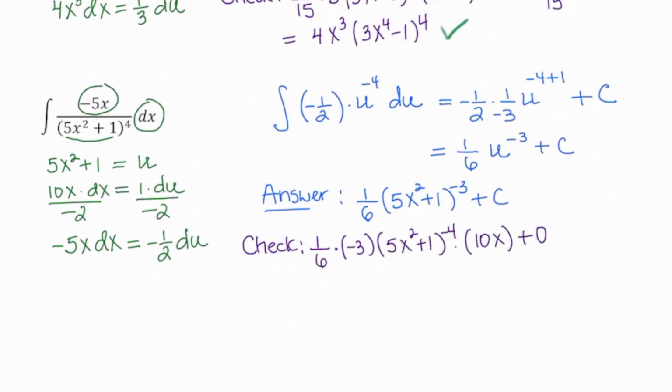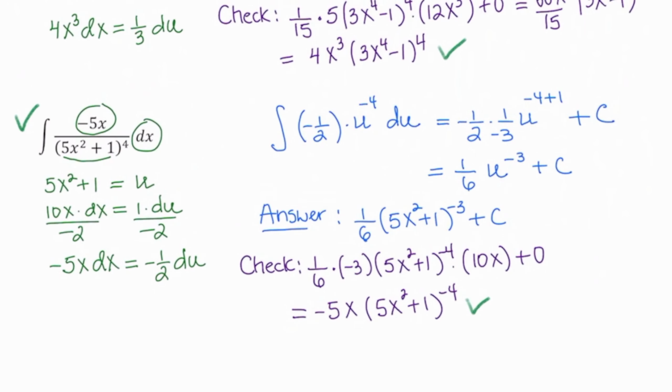Okay, so what do we get? Negative 3 over 6, that's negative 1/2. Negative 1/2 times 10x becomes negative 5x. Here we get 5x squared plus 1 raised to the negative 4th power. That is exactly what we started with. All right, so our final answer is right here.